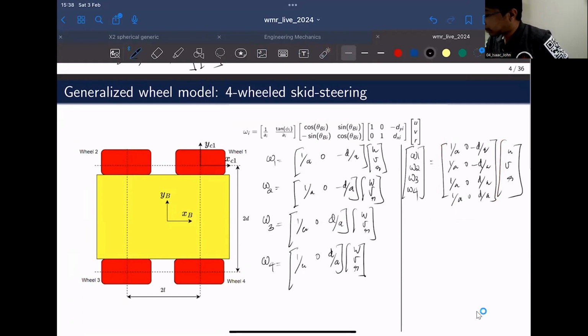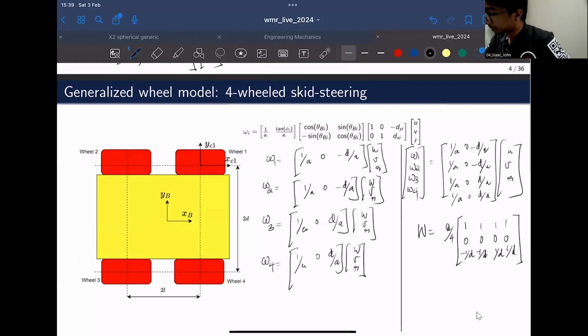W would be A by 4 times 1, 1, 1, 1, then 0, 0, 0, 0, then minus 1 by D, minus 1 by D, 1 by D, 1 by D.